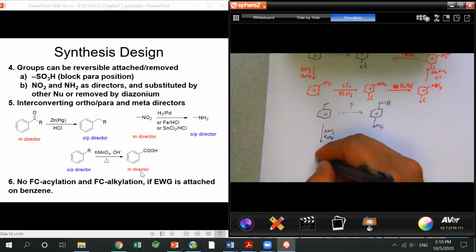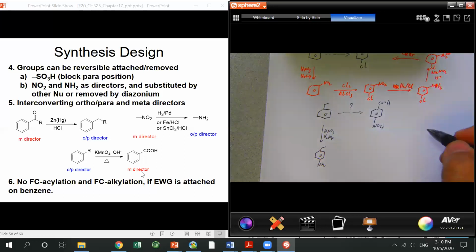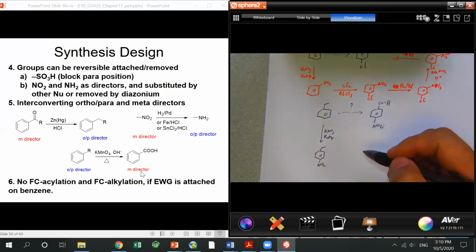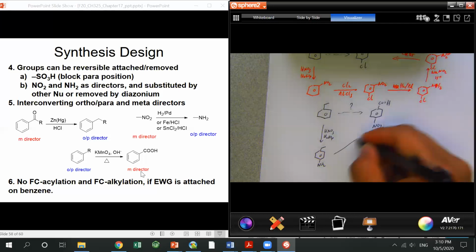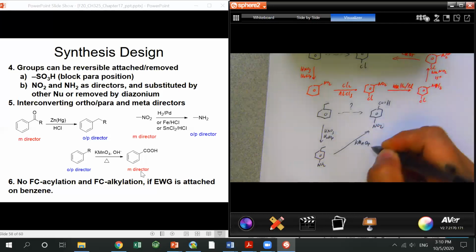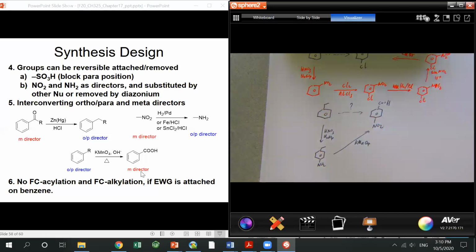All right. And then here the alkyl is also a para director, no problem. Okay, you can put the nitro here at the para position. Okay, right. And then following that, here you can do the oxidation reaction. Okay, we use potassium permanganate. Yeah, that's what we learned in this chapter.